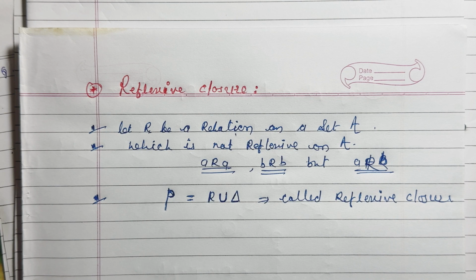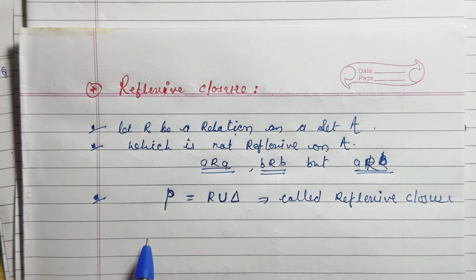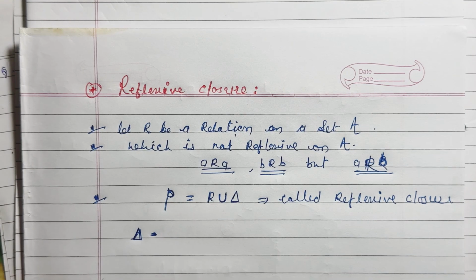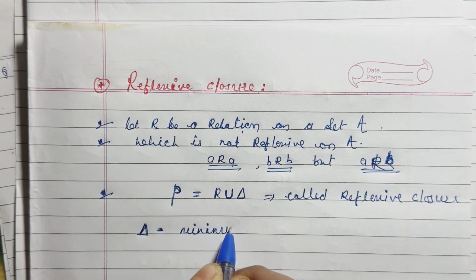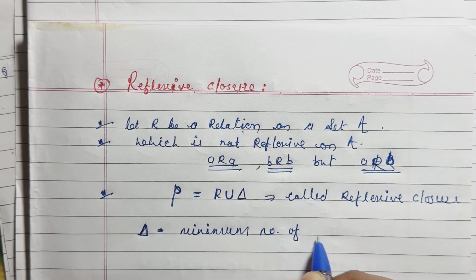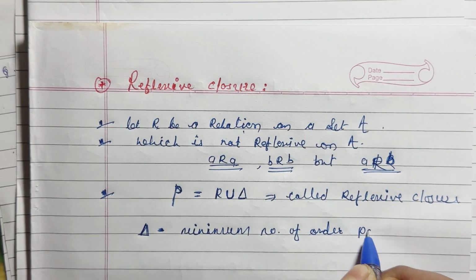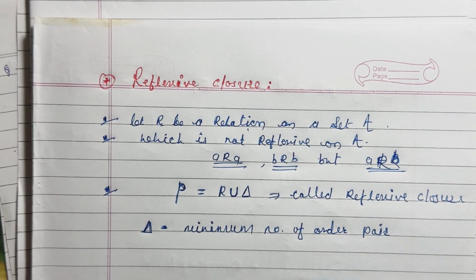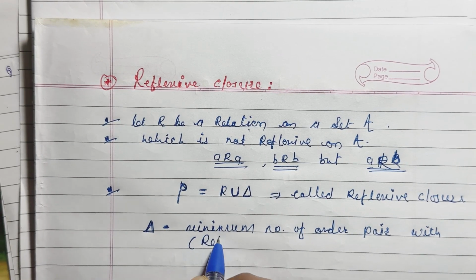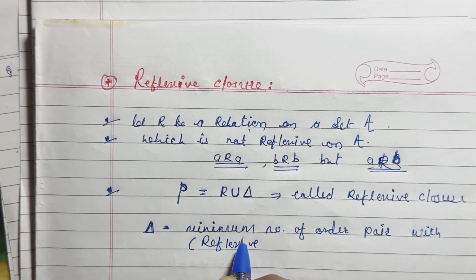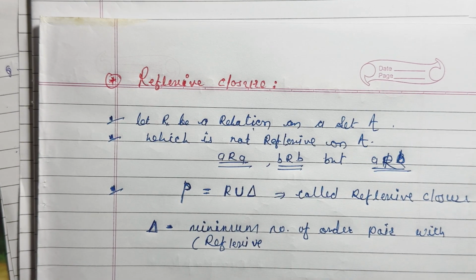Delta is a minimum number of ordered pairs which satisfy the reflexivity property.